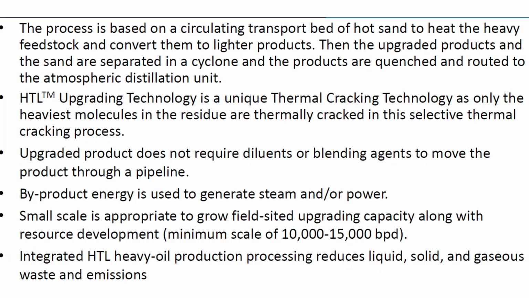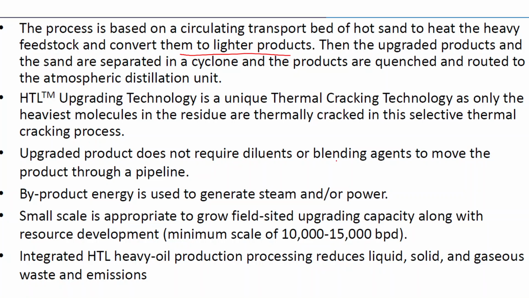Basically, the hot sand bed interacts with the heavy crude oil, and with this heat treatment it is converted to lighter products. It is a unique thermal cracking technology, as only the heavier molecules in the residue are thermally cracked in this selective thermal cracking procedure.